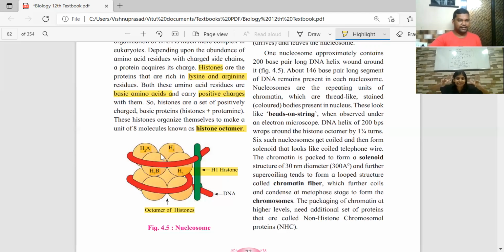H2A, H2B, H3 and H4, how many are there? 8, because of the octamer. Yes, exactly. How many H1? 1. So total how many histones? 9.